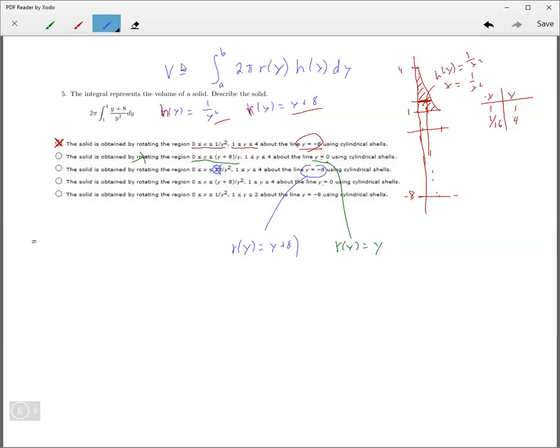Again, the fourth one, you would have problems with this one, just like you had with the second one. And let's see, the fifth one, so that couldn't be the fourth one. The fifth one, it would be integrated from 1 to 2. This is the problem right here. And here we're integrating to 4.